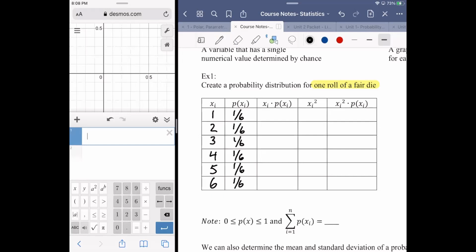What I just created, those two columns, is your probability distribution. The rest of the table is us using that information to draw conclusions.